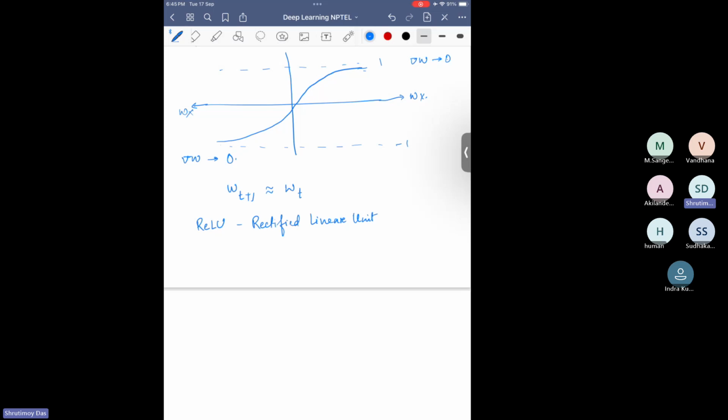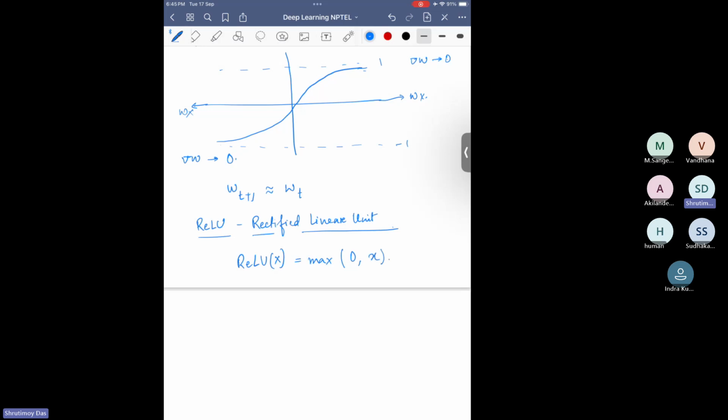Suppose you have some input x, ReLU is basically the max of 0 and whatever x that you have.